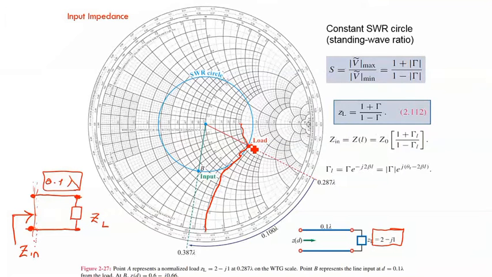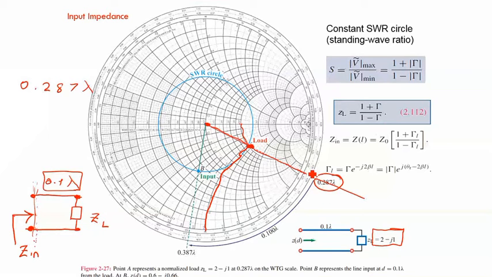So this is the point 2 minus j1. Now if we draw a line from the center of the Smith chart throughout the Smith chart, we will see the value that it makes on the outer axis, that is 0.287 lambda.